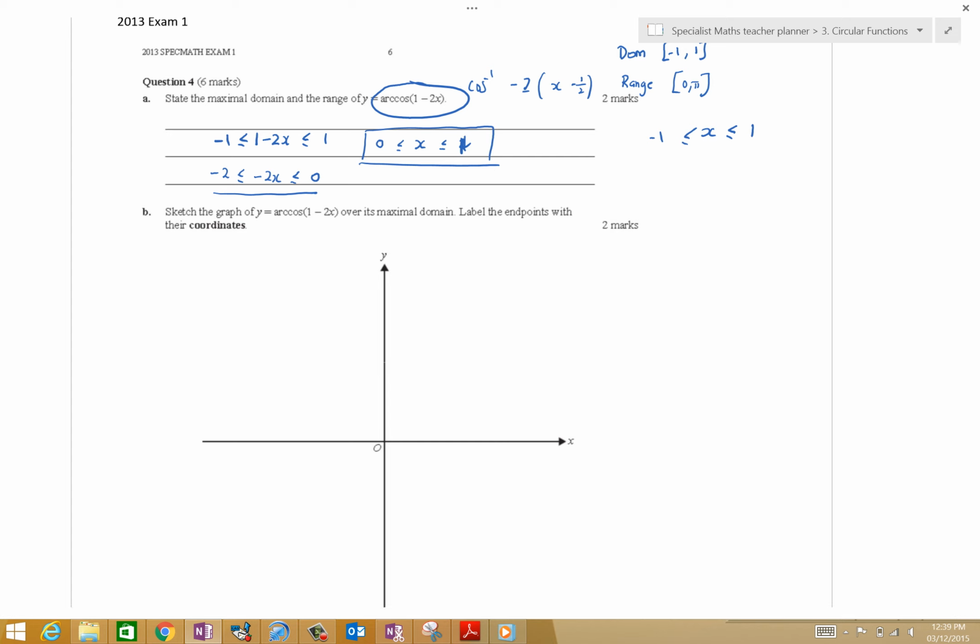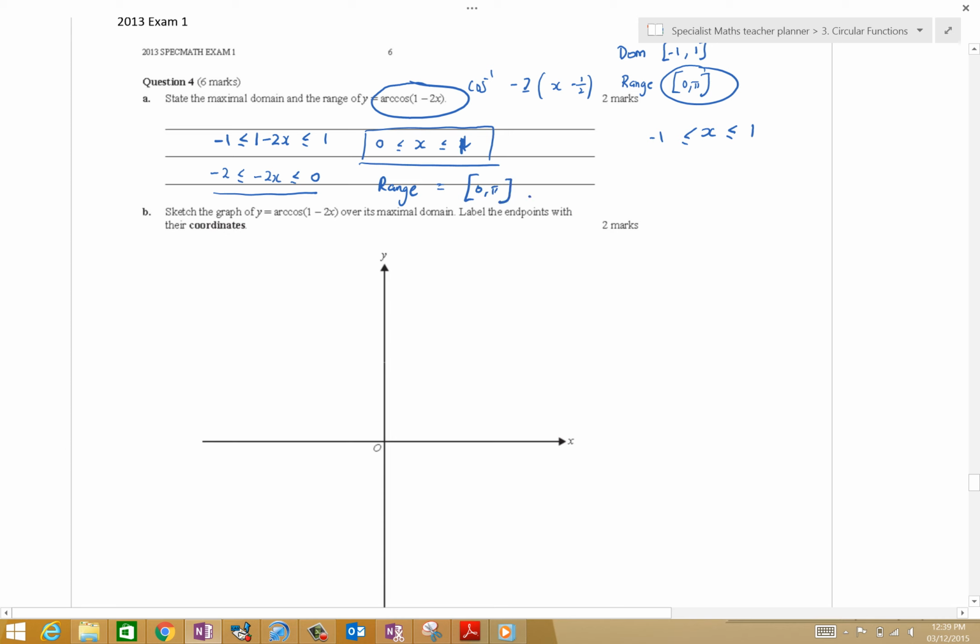What would be the range in this case? 0 to pi. Same thing, because of course there are no dilations parallel to the x-axis. So therefore, if you understand the transformations, the range is equal to 0 to pi.